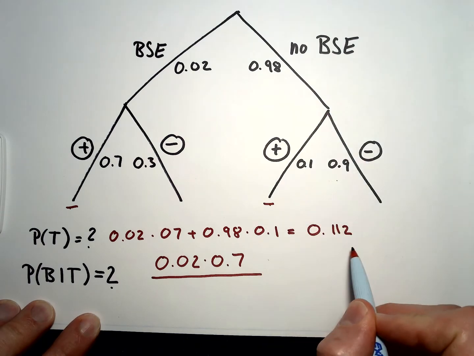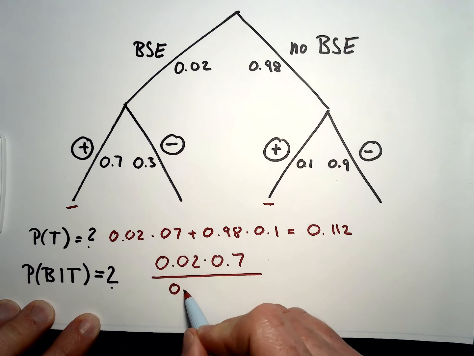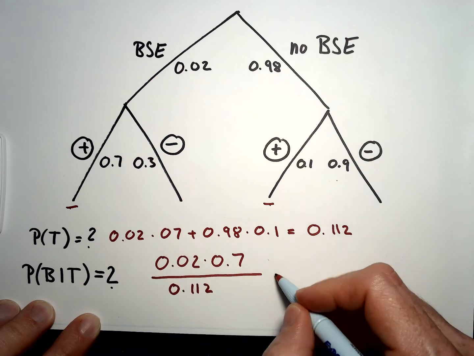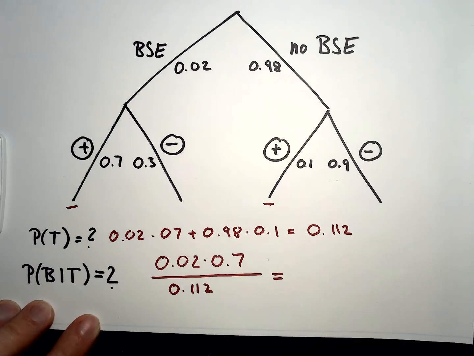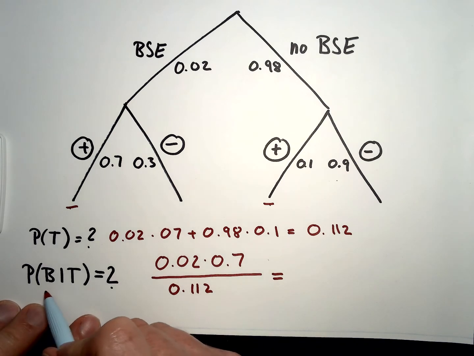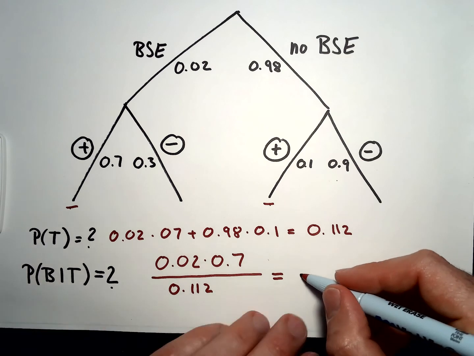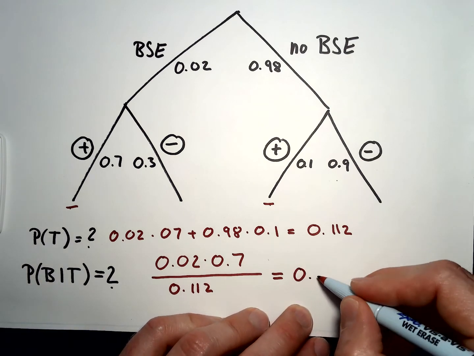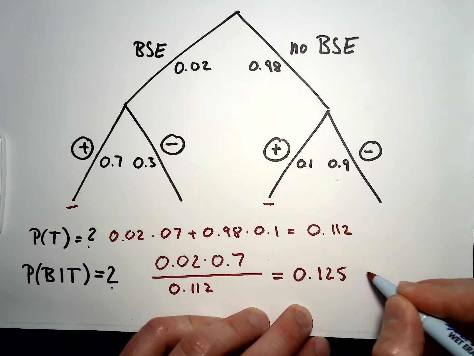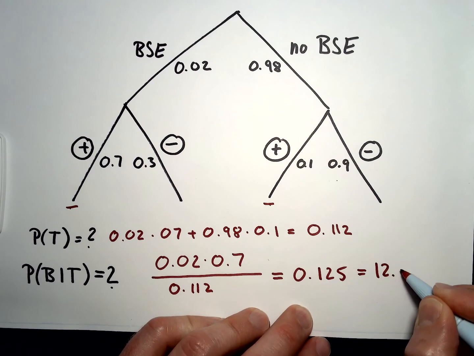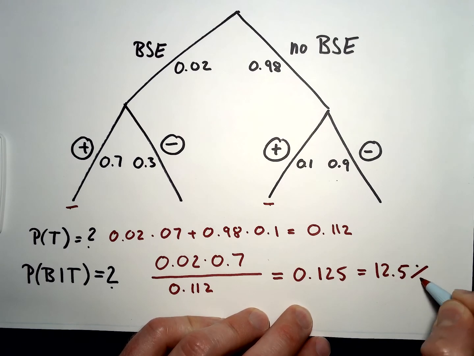And we have calculated this before as 0.112. And hence the probability of the cow actually having BSE, if there is a positive test result, is 0.125 or 12.5%.